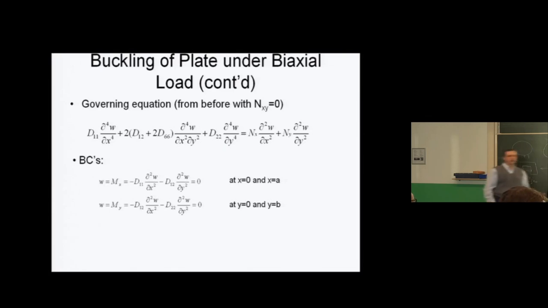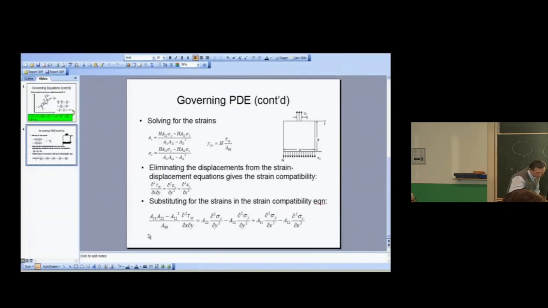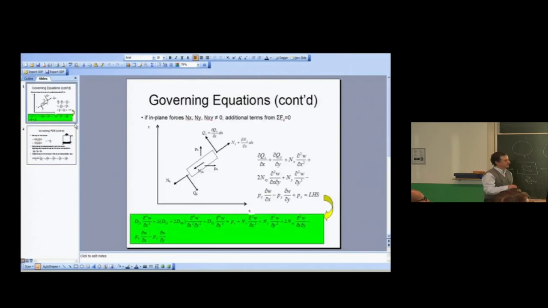Now, the governing equation is this one, which is the green equation we saw before. Let me show it again. If you look at the bottom here, we have exactly the governing equation in which the distributed loads Px, Py, and Pz are 0.